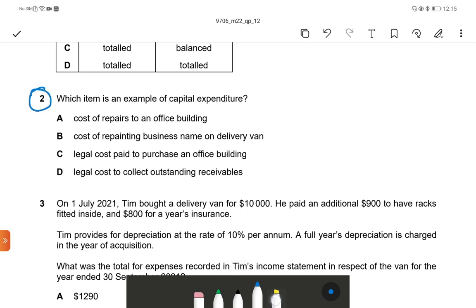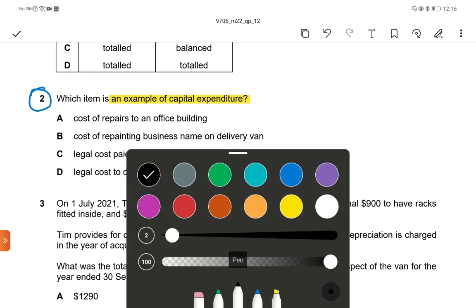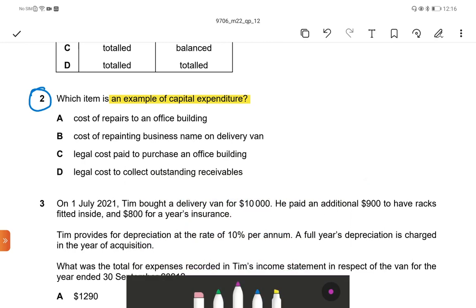Question number 2. Which item is an example of a capital expenditure? Cost of repair to an office building. This is not capital expenditure, that is revenue expenditure. Then cost of repainting the business name on a delivery van.